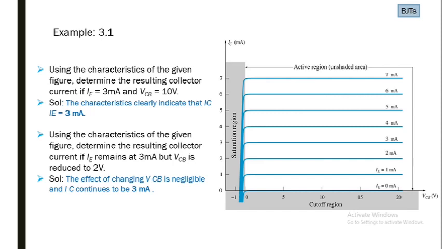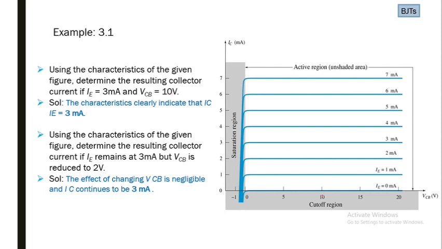Now this is an example. The output set of characteristics are given and we are asked to determine the resulting collector current if IE is equal to 3 milliampere and VCB is equal to 10 volt.